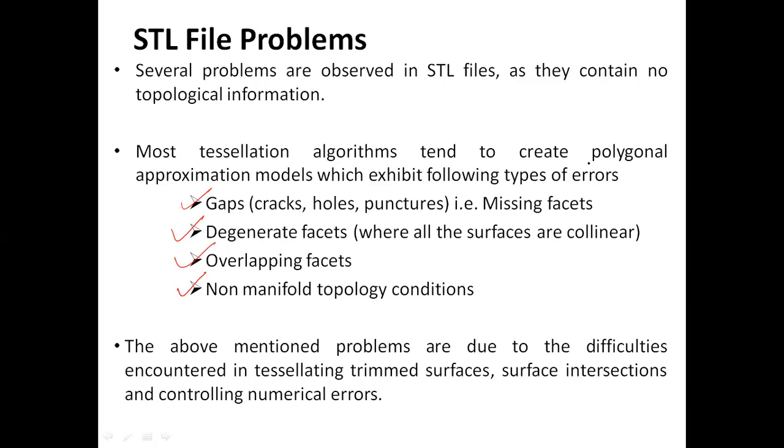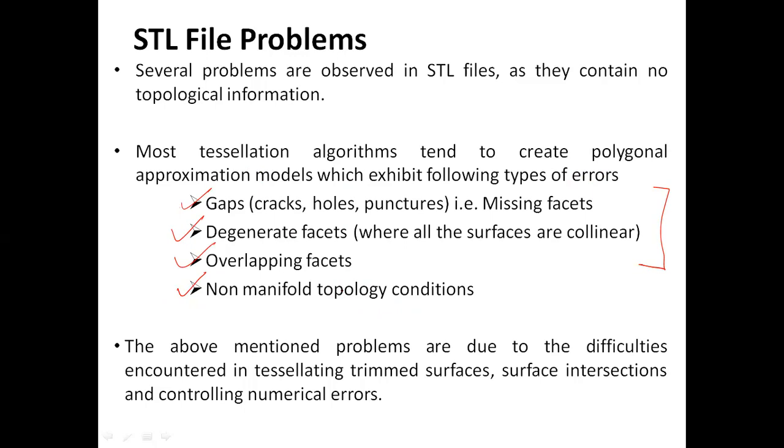Majorly what you will encounter are the first three. Non-manifold topology conditions definitely occur sometimes, but it's not very common that you observe non-manifold conditions in a CAD model after tessellation. But sometimes when you have very complicated or interlapping surfaces, there is a chance of non-manifold conditions happening if the tessellation is not robust.